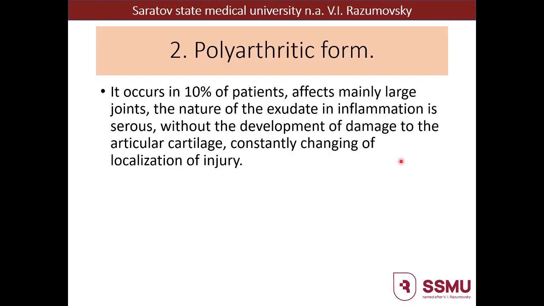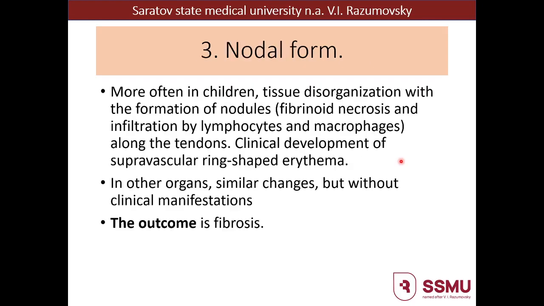The nature of the exudate in the inflammation is serous, without development of damage of the articular cartilage and constant changing of the localization of injury. So sometimes it may localize in the left knee, and the pain syndrome will stay in this localization for a few days, but then it will migrate to the right knee, and so on. You will never see a constant localization.